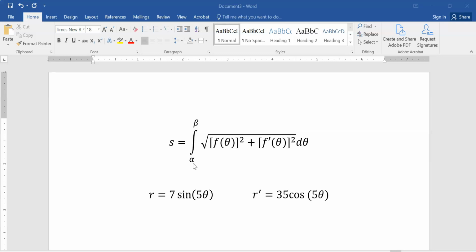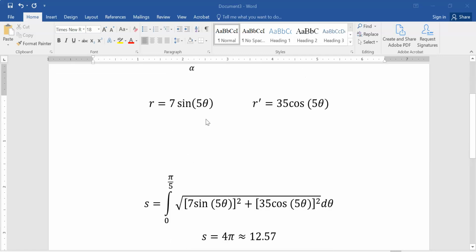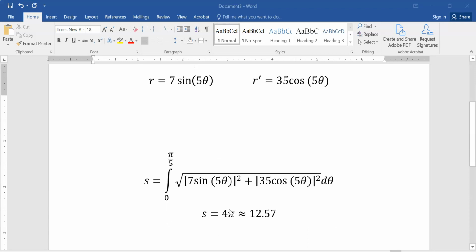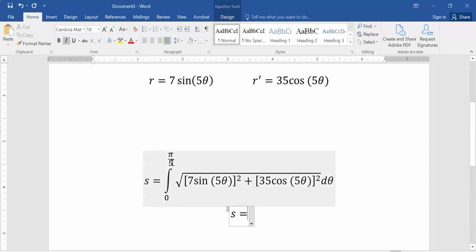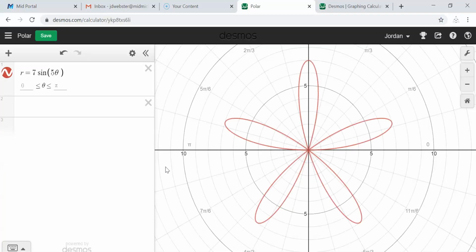And now I just have to figure out, just like we did in the last video, what are the bounds that I choose from alpha to beta. What I chose is from 0 to pi over 5. Now, you can think of this in a couple of different ways.